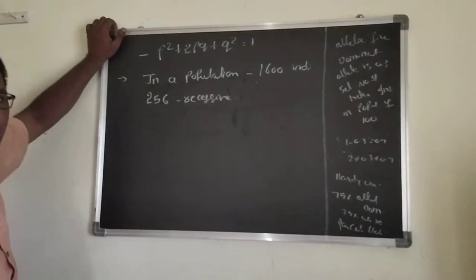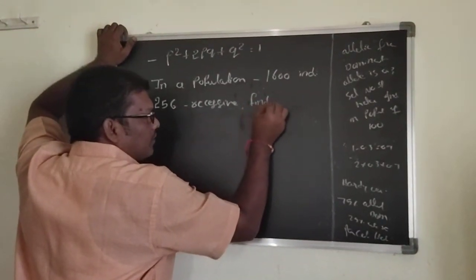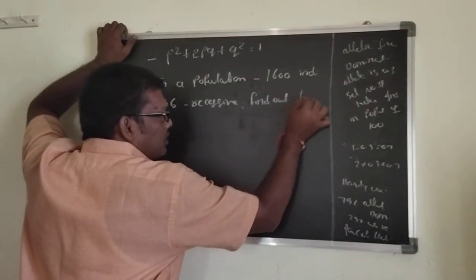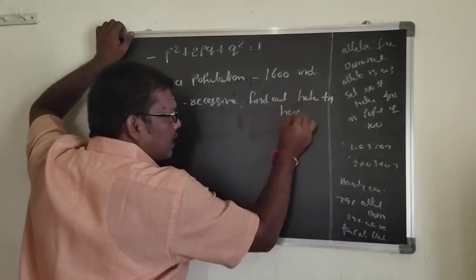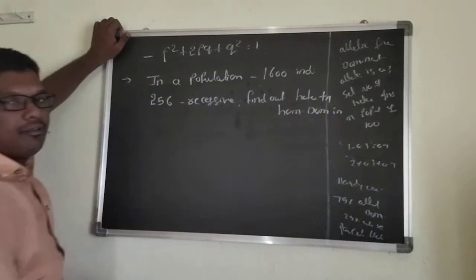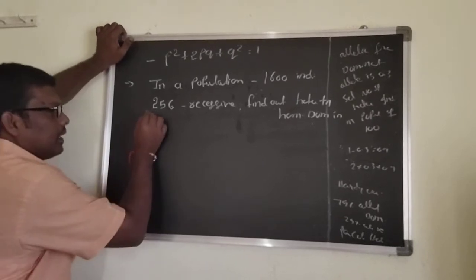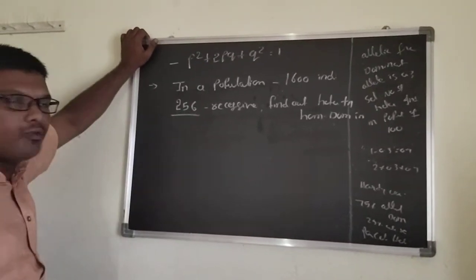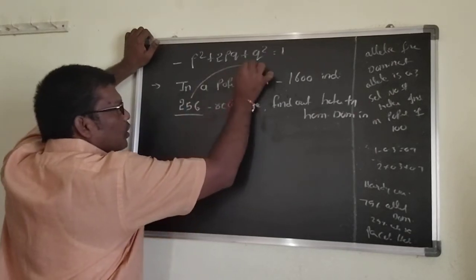Then find out the heterozygous individuals and homozygous dominant individuals. If they ask a question like this, the first step: how many individuals did they give? 256 are the recessive individuals. It means they gave q square.